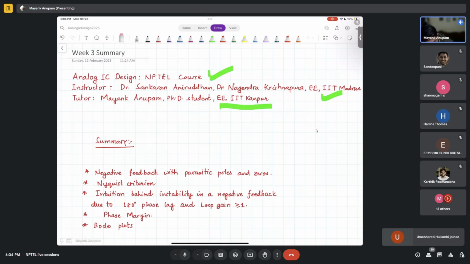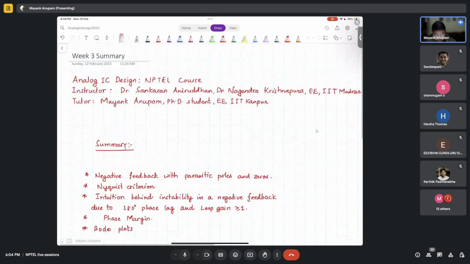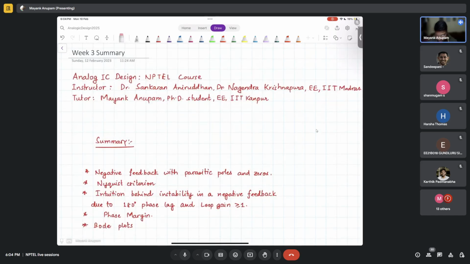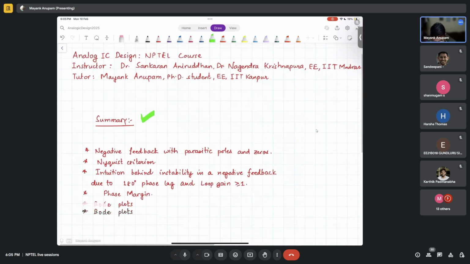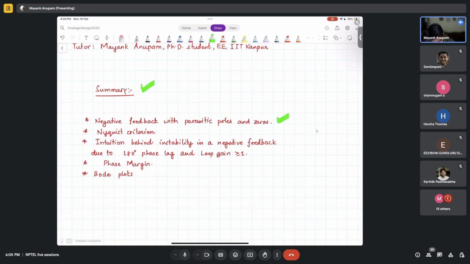So today we will be discussing the contents that were covered in week 3 of the course. The summary for the content is here. We looked at negative feedback with parasitic poles and zeros. We saw that the effect of parasitic poles and zeros is very similar to what we saw for ideal delay.